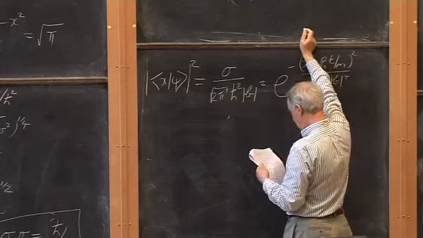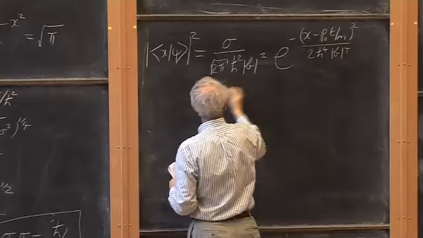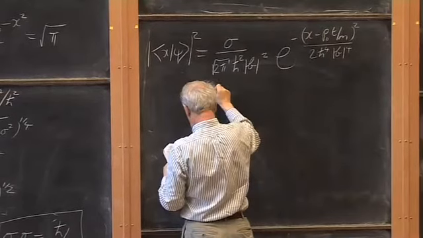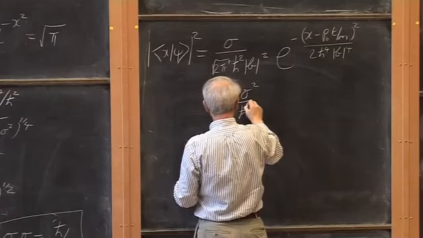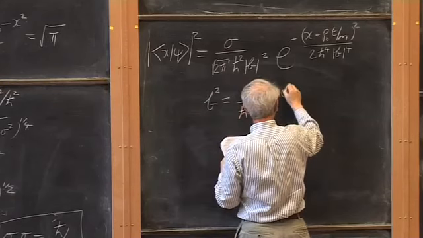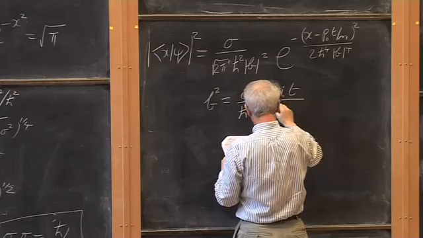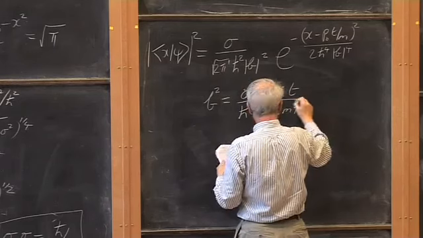I need to tell you what b squared is, don't I? So, b squared is a complex animal. It's sigma squared over h bar squared plus i t over 2m h bar.